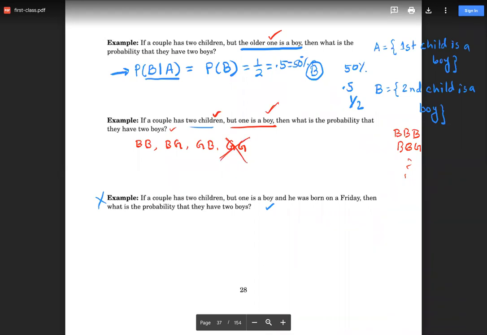You cannot have girl and girl. So you are left with three different ways of this event happening. Now, out of these three, we are only interested in boy, boy. The chance of that happening is 1 out of 3.